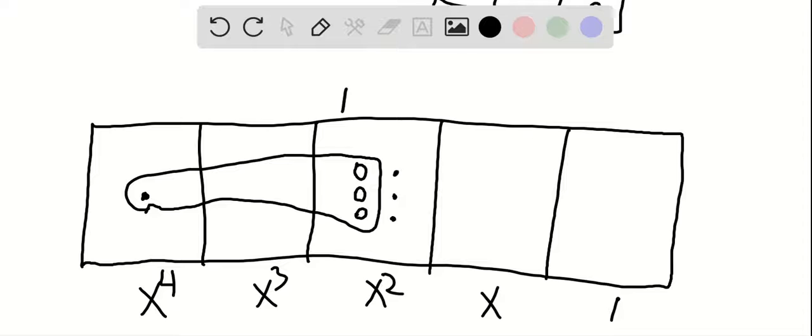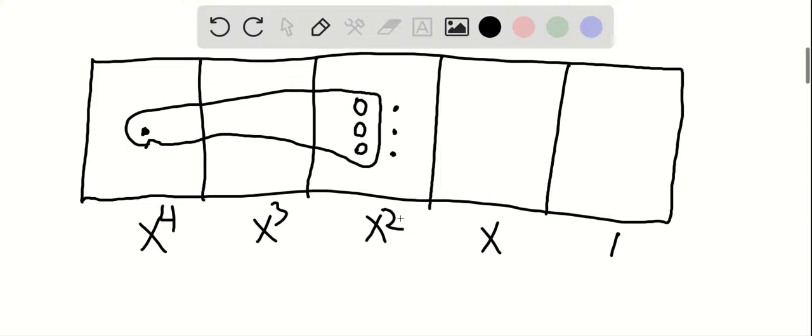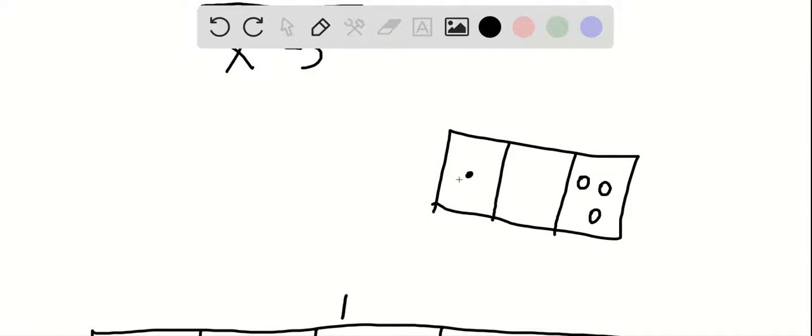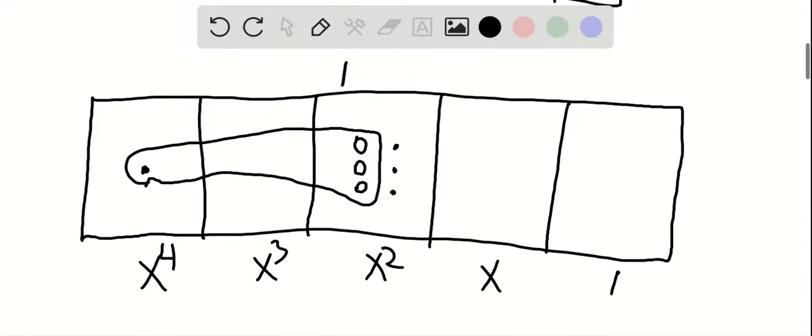Do we have any more groups? Well, I have these 3 dots here. For every dot, we want 3 anti-dots to go with it that are 2 boxes over. Okay, we have one dot, so let's add in 3 anti-dots to go with it. But when I do that, I have to add in 3 dots as well.